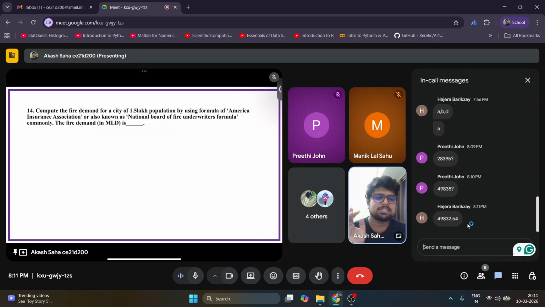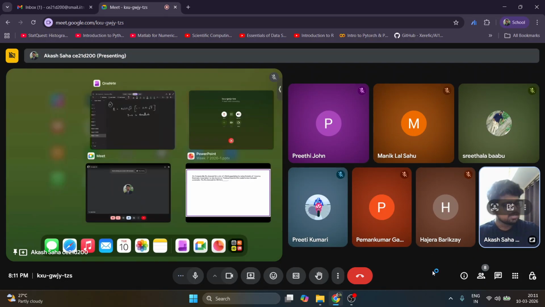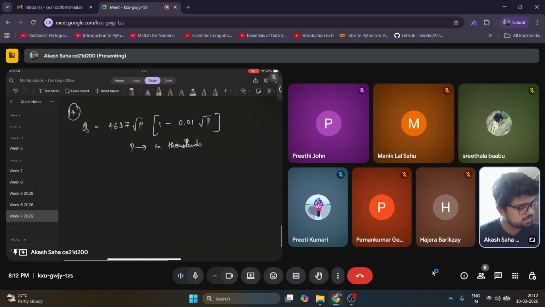Yes, so always see the question. Whatever you have got is in liters per minute, and you have to convert it into MLD. So be careful with that. Many times you will find the correct answer, but the unit may be different. Here the Q is in liters per minute, but in the question it is asked in MLD.